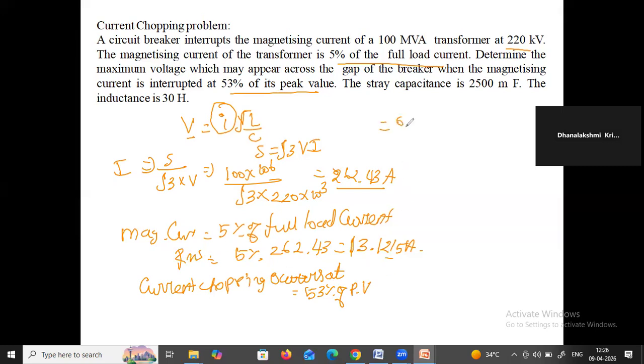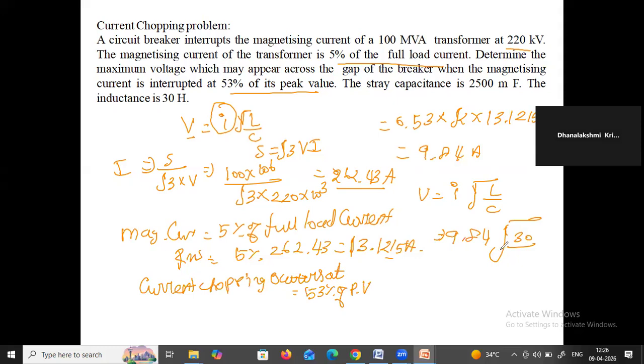First we have to convert it to peak value, so root 2 into 13.1215. Finally we get 9.84 amps. Then V is equal to I into root of L by C. The I is 9.84, the inductance is 30 Henry, and the capacitance is 2500 millifarad.